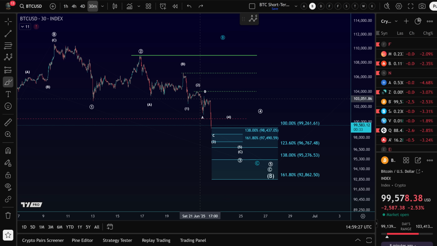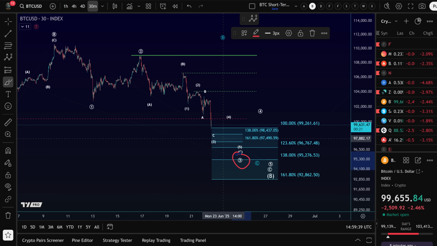But for now, it's still following the roadmap we defined over the last few days and also yesterday and today in the last video, right? So the count is unchanged. The idea is that in this wave C of circle wave 3, we have a wave 1, a wave 2, a wave 3. Next, we should get a 4. So we can actually define together a target for the 4th wave bounce and then a 5th wave down. And now the resistance. Let's call it resistance.